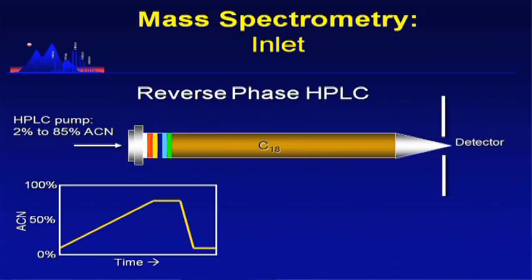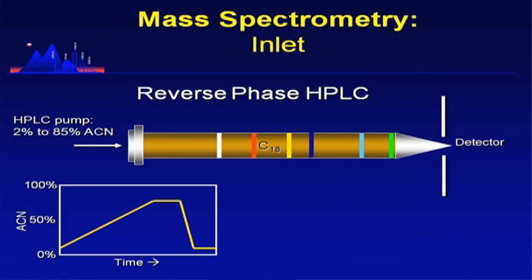Okay, so here's our little column, and it's packed with all these little particles with these sticky C18 chains on them. We have loaded our peptides onto the column here. If we load them in an aqueous buffer, they're pretty much all going to interact with this C18 material, and they're going to stack up at the front of the column. Then over time, as we increase the percentage of organic solvent, you get displacement, right?